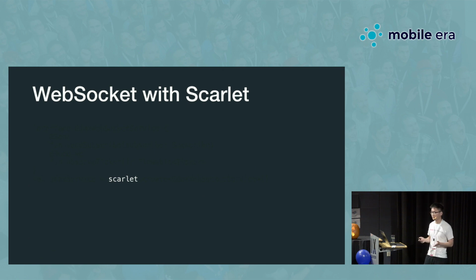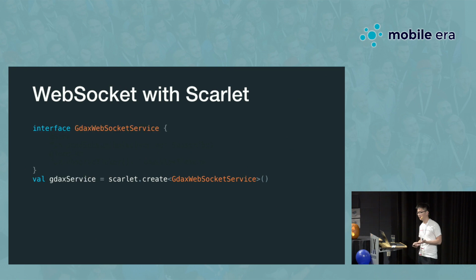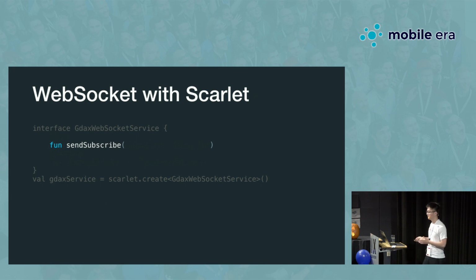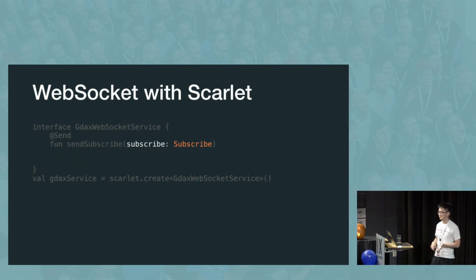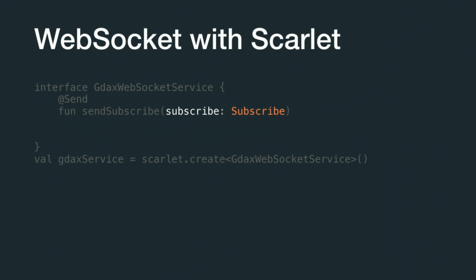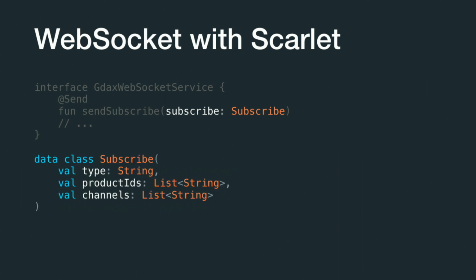Scarlet is similar to Retrofit. It takes an interface and creates an implementation. To send a subscribe message to the server, you will declare a method with the send annotation, and you'll specify the object you want to send. In this case, it's a message of the subscribe type.